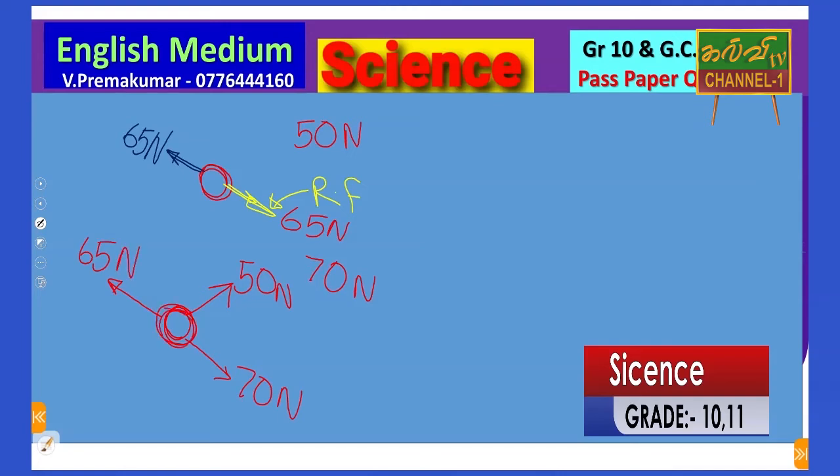What will happen? This is under balance, no movement, equilibrium. Why? We already studied that there are two forces, 50 and 70. The resultant force of that is 65, right?